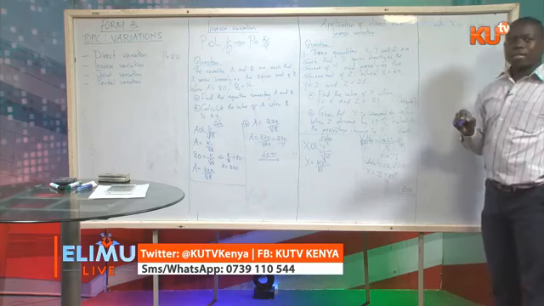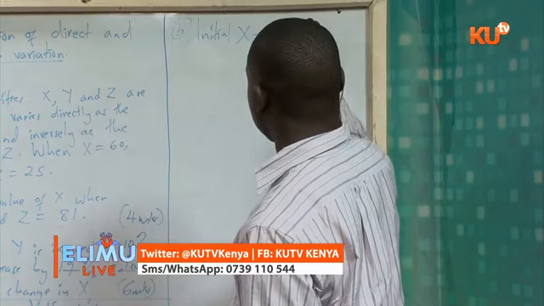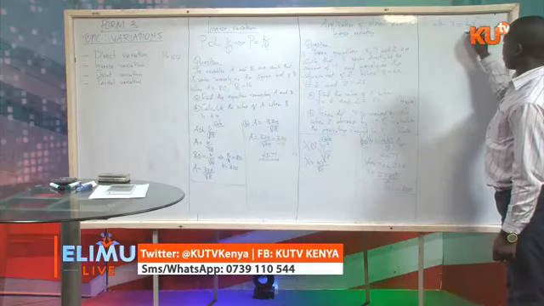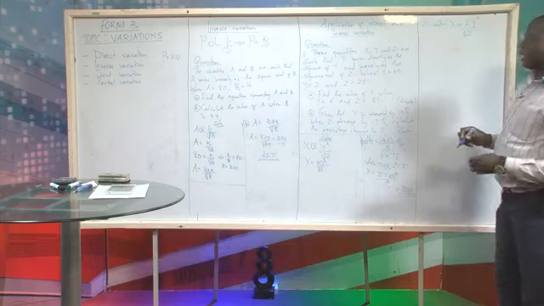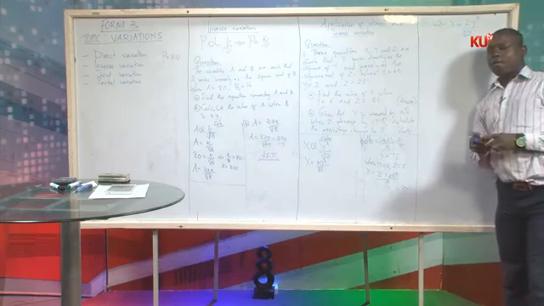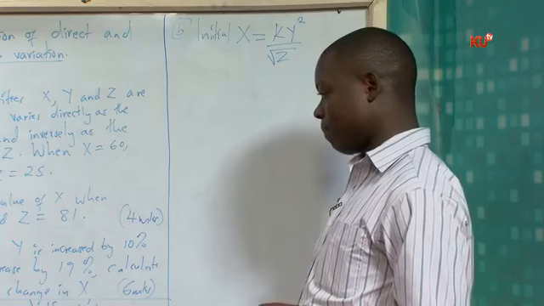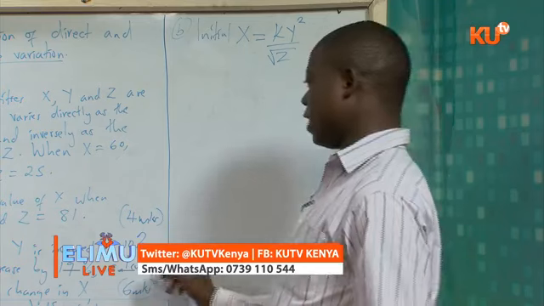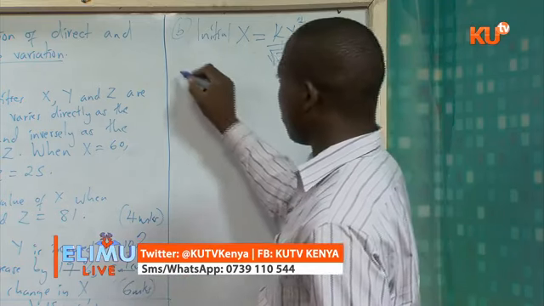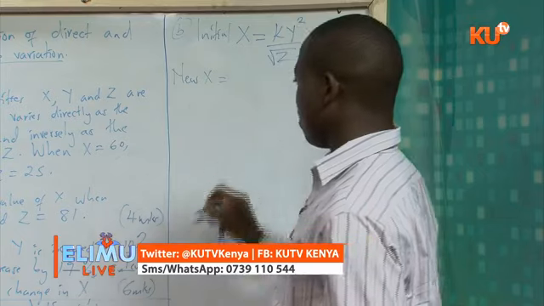And the initial value of x is ky squared over root z. At the initial x, every quantity is 100%. And now we have the changes here. We are increasing y by 10%, so we'll now obtain our new x.